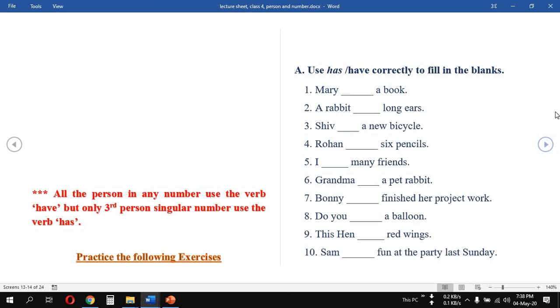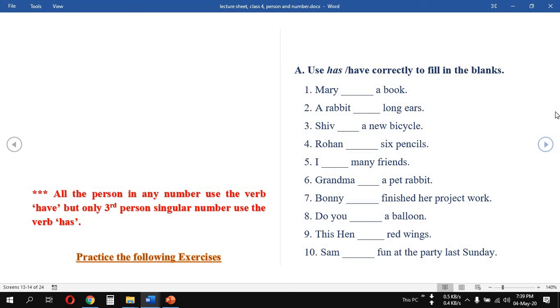Number 4, Rohan dash 6 pencils. Again, Rohan is a name of a boy, right? And what pronoun is perfect for this subject? That is he, right? And we also know that he is the third person and also in singular form.